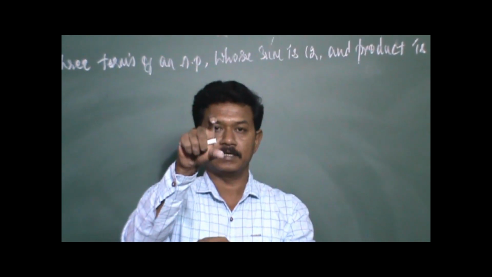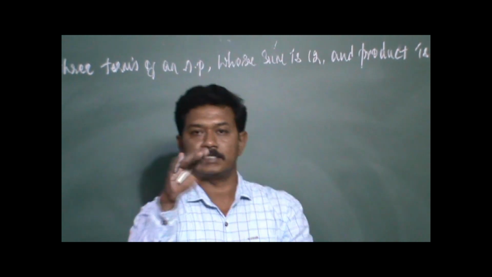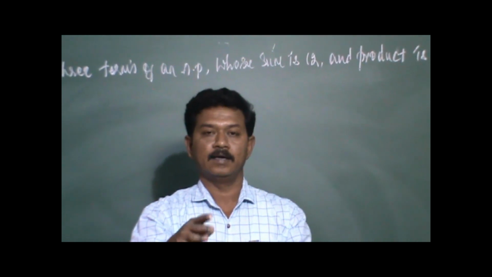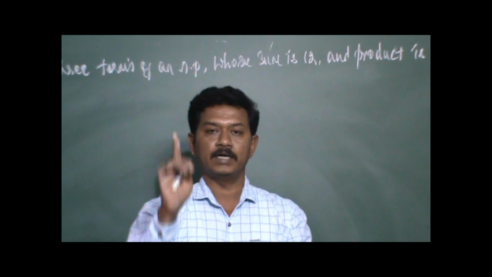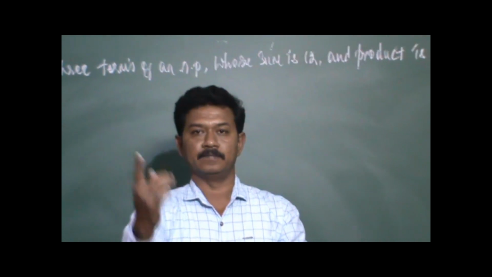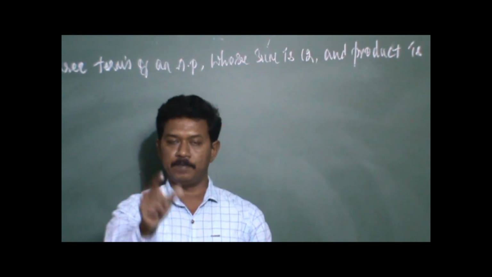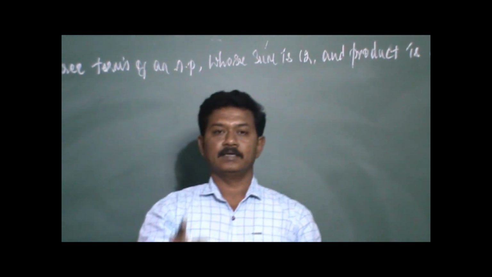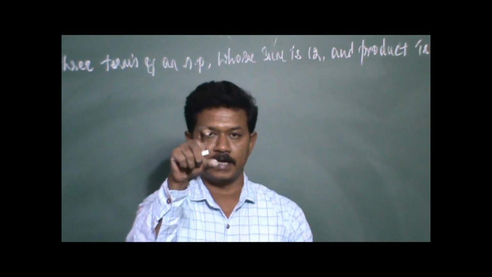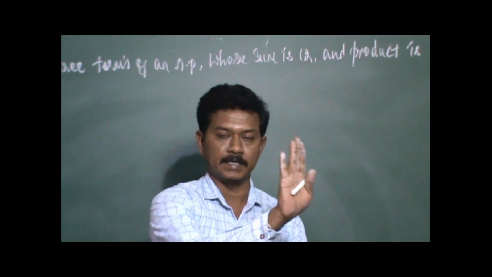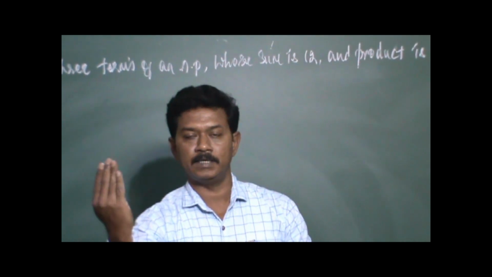And if the middle term is a, the succeeding term, how do we get it? We get it by adding one time the common difference. So if 3 terms are there in an AP, 100% the middle term is taken as a, the preceding term will be a minus d, and the succeeding term will be a plus d.